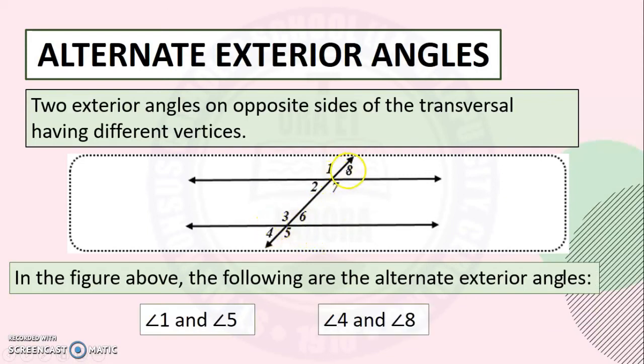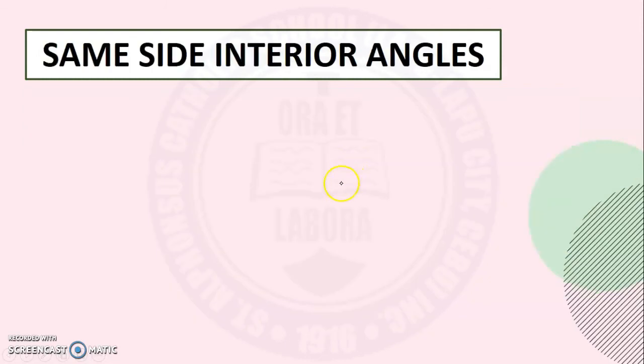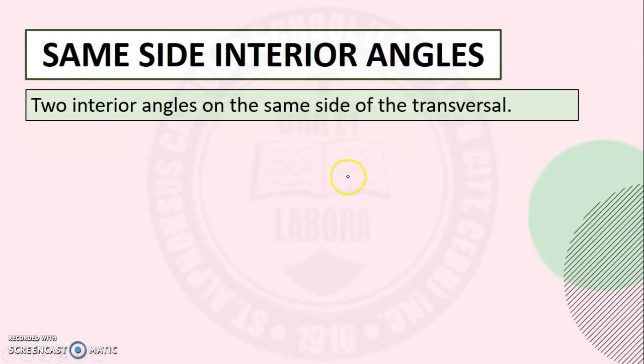Next, same side interior angles. When we say same side interior angles, these are 2 interior angles on the same side of the transversal. So if the other angle is in the left side, its pair should also be in the left side. If the other angle is in the right side, its pair should also be in the right side.